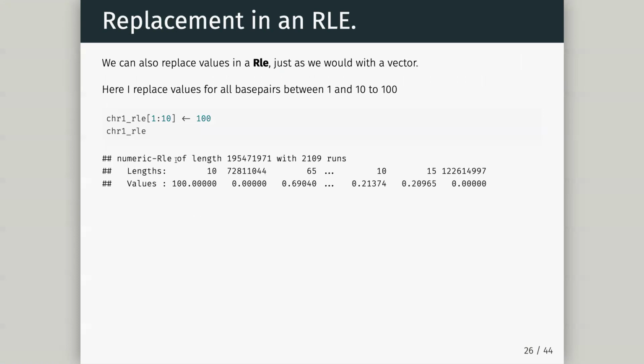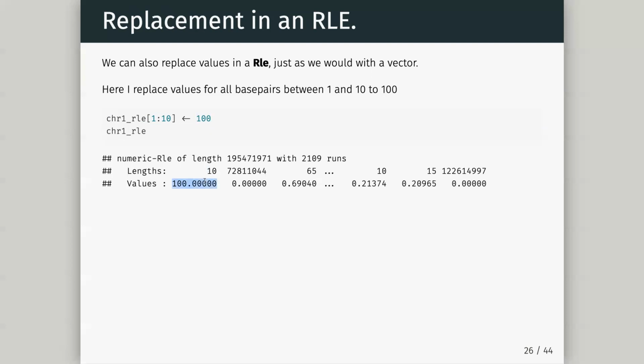I can also alter my RLE. If I've imported a bigWig, and now I want to normalize it, maybe multiply it by a particular control value, a number, I can do that too. So here, I'm going to replace some values. I'm going to go first 10. I will now set them to be 100. And if I look at it, you can see it's altered my RLE.